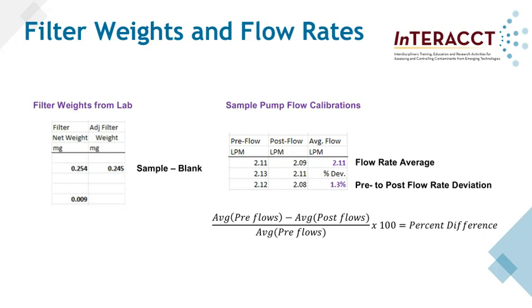There's always the concern as to whether or not the flow rate has deviated significantly across the sample time. So to test that, a percent difference of pre and post flow rates can be computed and compared to a value of 5%, above which you should probably redo the analysis. In this case, the percent difference is 1.3%, so that is acceptable.